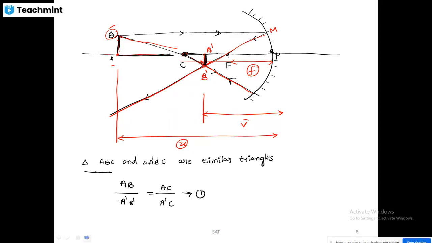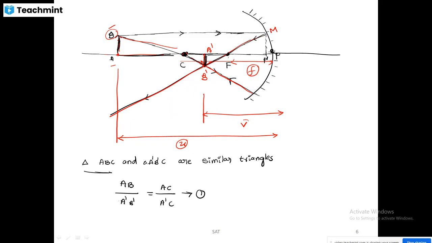Okay. Next here I can take a triangle A dash B dash F with the focal point F. One triangle, and also with the same focal point, one more triangle. For example, I want to draw a line which touches the principal focus. I can take here P dash. You know that this line and this line are all paraxial rays.